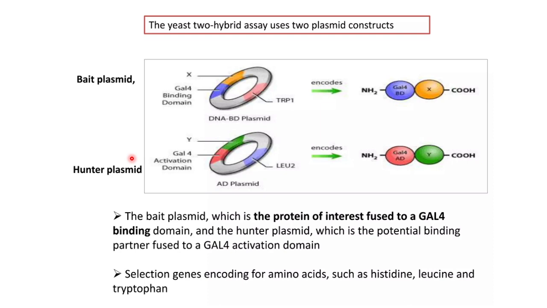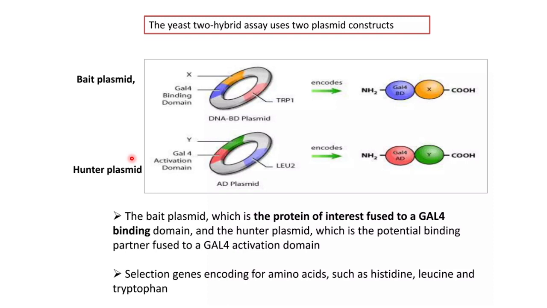Then you have the prey plasmid, where you have the GAL4 activation domain, you have the Y, and the LEU2. So the bait plasmid is the protein of interest that is fused to the GAL4 binding domain, and the prey plasmid is a potential binding partner that is fused to the GAL4 activation domain.